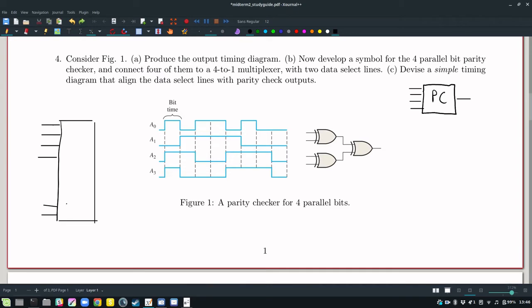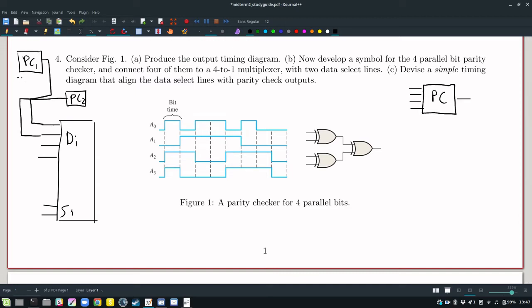So here, I'll call these S for select, and this is the data. And then we'll have, let's say, PC1, oops, PC, actually let's make these a little larger, so I'll just do PC1, and then PC2, PC3, connect in, PC4 will connect there, and then we'll have our 2 data select lines, and then there should be 1 output.